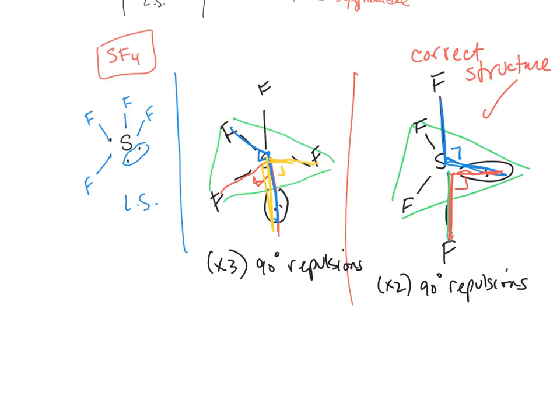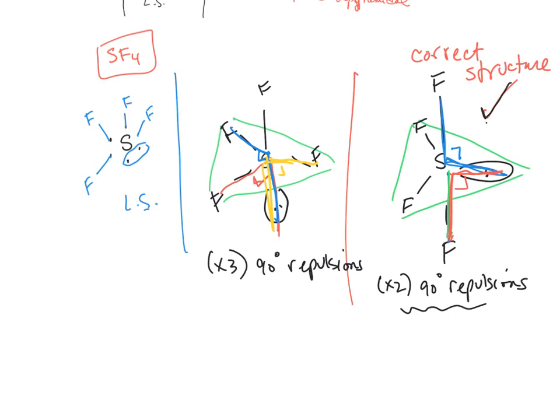Therefore, there's less. You can talk about the 120-degree repulsions, but they're not as strongly repulsive as the 90-degree ones. So the big issue is the 90-degree repulsions. This one's only got 2, therefore it's lower in energy, and therefore it's the correct structure here. So that's a very interesting example there.